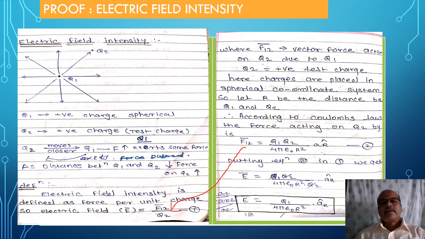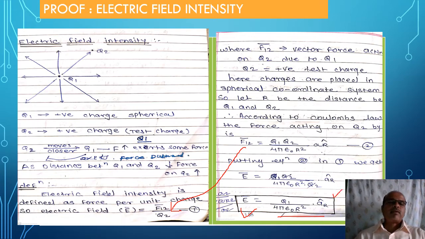Therefore, we will get Q1 Q2 upon 4 pi epsilon 0 R square, divided by Q2 in the denominator. Here Q2 gets cancelled and we get the expression for electric field intensity, that is E equal to Q1 upon 4 pi epsilon 0 R square AR cap. So this is the general expression for electric field intensity.